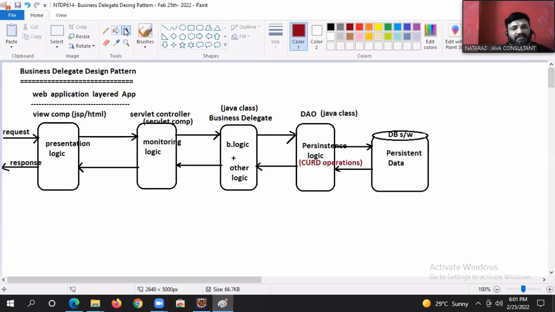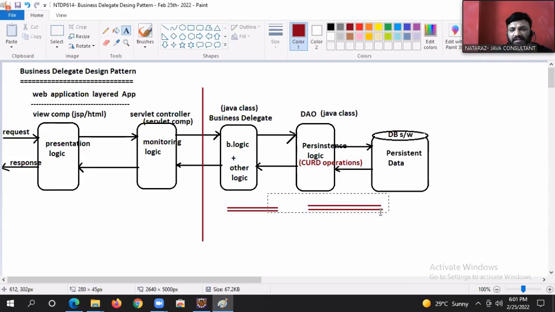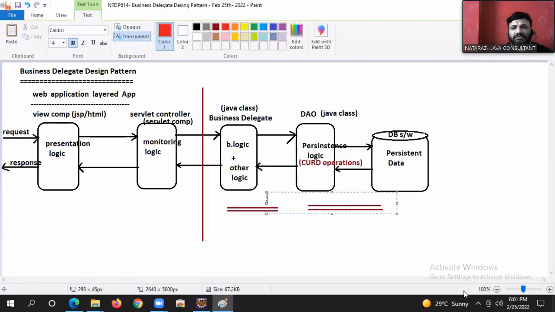Now listen, guys. These are called business tier components.